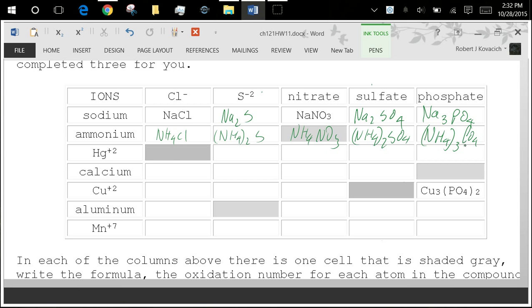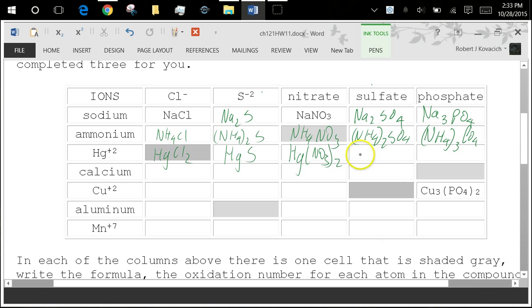Okay. Next one. So it's going to be HgCl2. Why? The mercury's got a +2, so I'm going to need 2 of the -1 chlorines to go along with that. So HgS, since they both have a magnitude of 2, the ions, and then Hg(NO3)2, and then HgSO4.